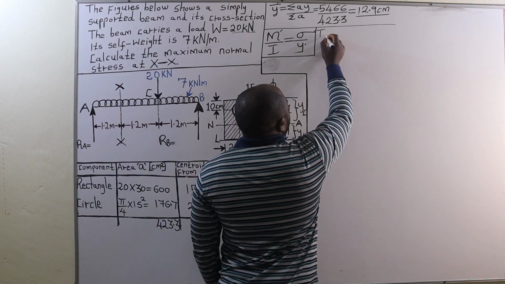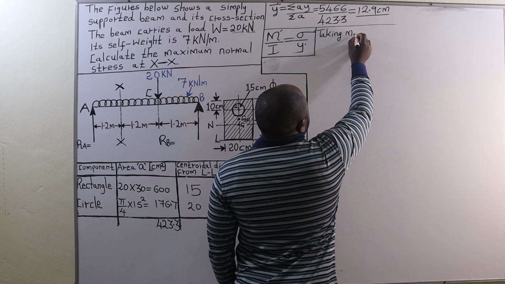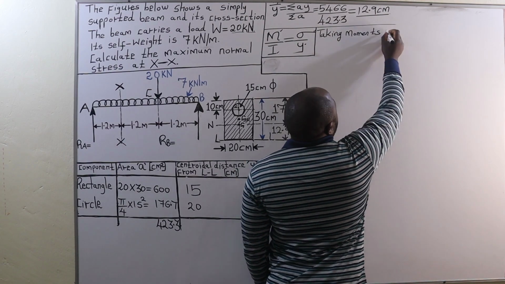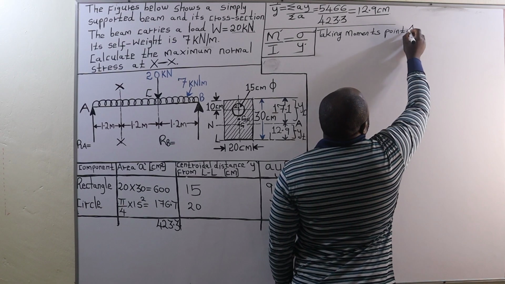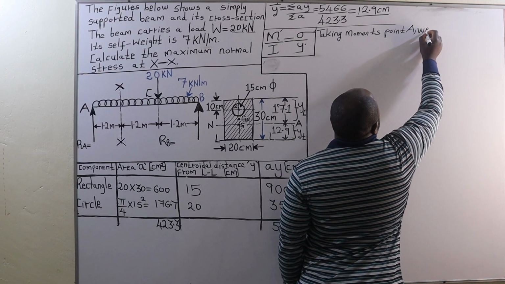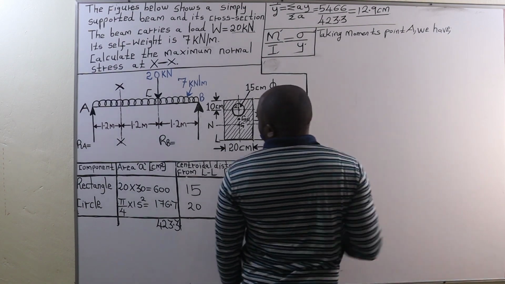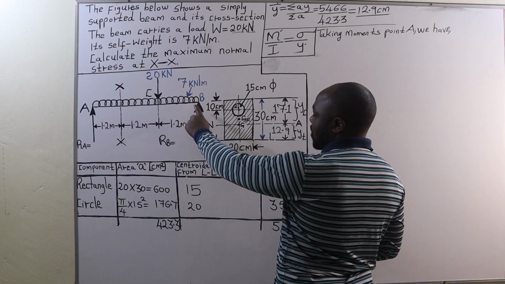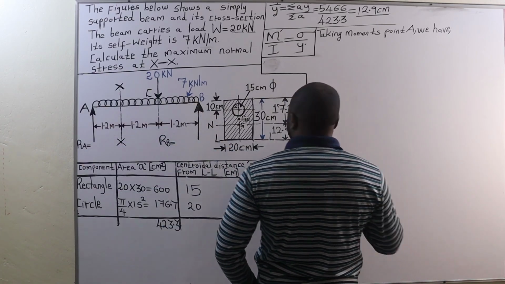Therefore, taking moments about point A, we are going to have the following. So that's going to give us RB times the distance from B to A, which is 3.6 meters.